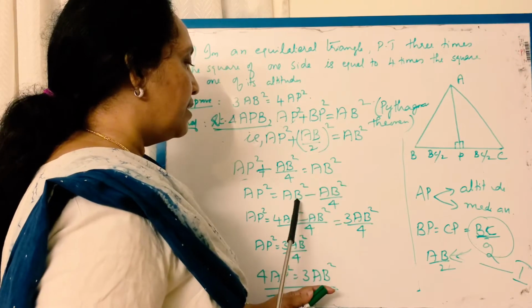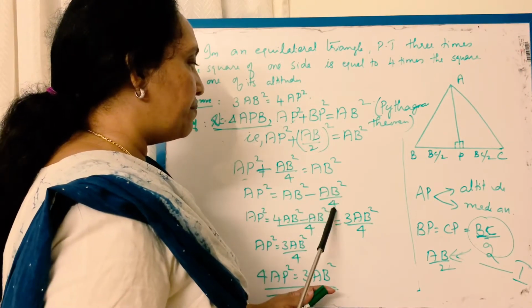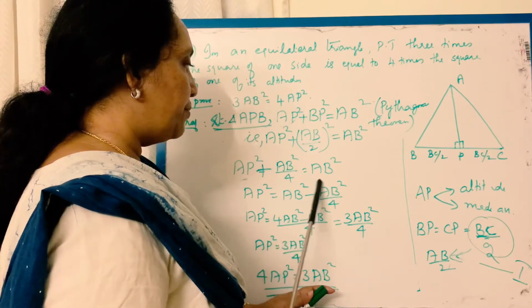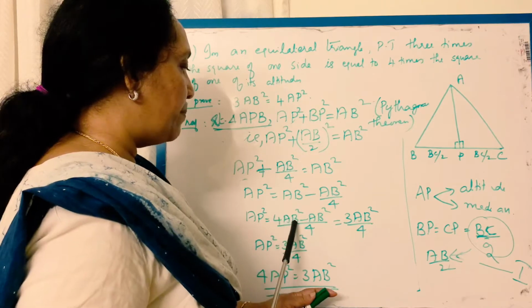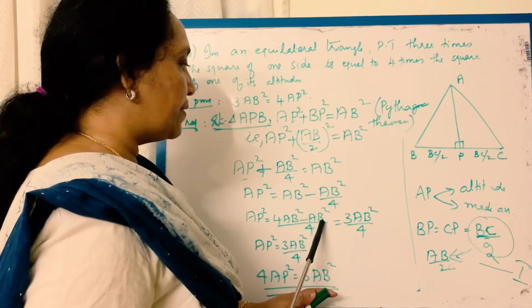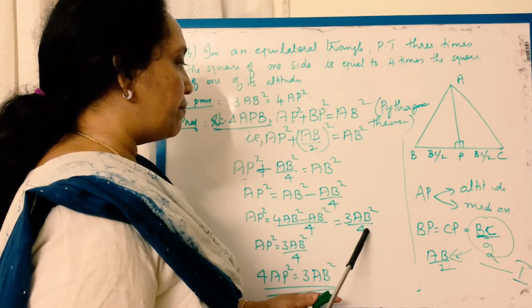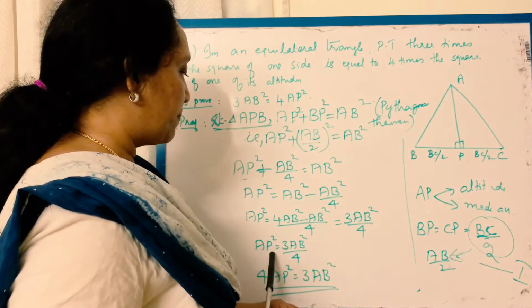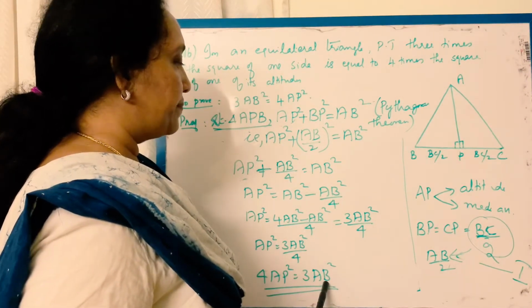That means we will get AB square minus AB square by 4. Then here you take LCM. 4 is the LCM. Then here you will get 4AB square minus AB square, that is equal to 3AB square by 4. That means AP square is equal to 3AB square by 4. Then you cross multiply. Then you will get 4AP square is equal to 3AB square. Okay. Now look at the steps.